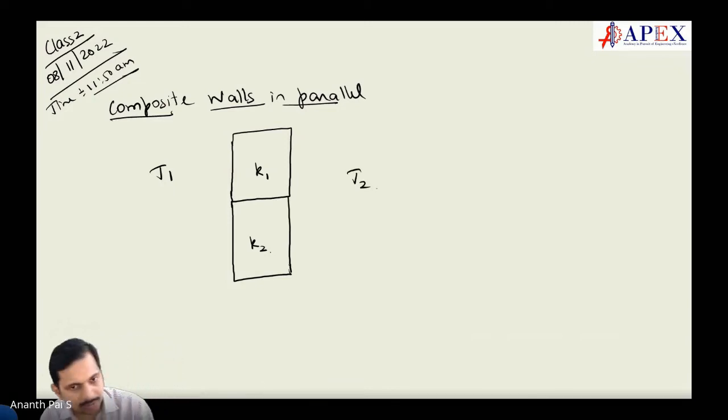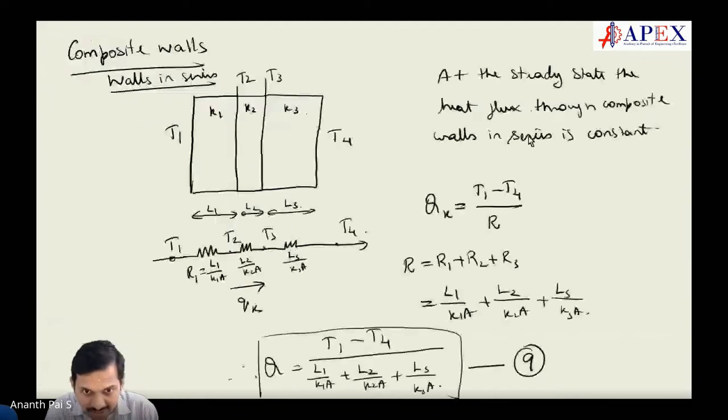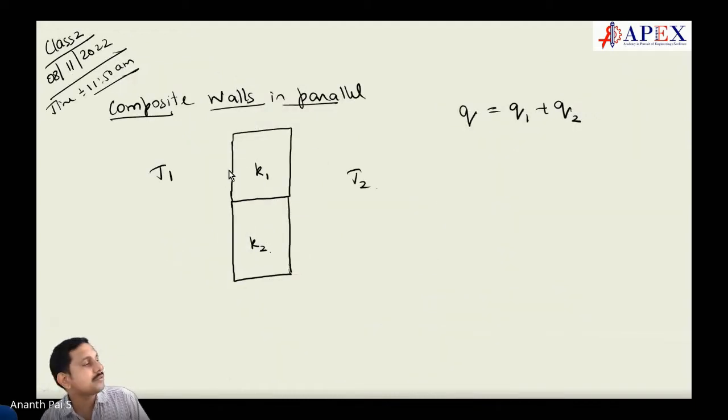Now the Q which is going gets distributed into two sides. Q is actually Q1 plus Q2. The total heat transfer Q is equal to the sum of the heat transfer from each of the cases.